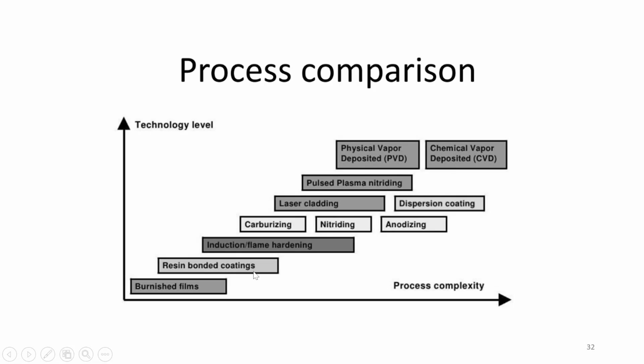And then there is resin bonded coatings, then induction and flame hardening, then we have carburizing, nitriding and anodizing. After that we have laser cladding and dispersion coating, and then pulsed plasma nitriding. Then we have physical vapor deposition and chemical vapor deposition.